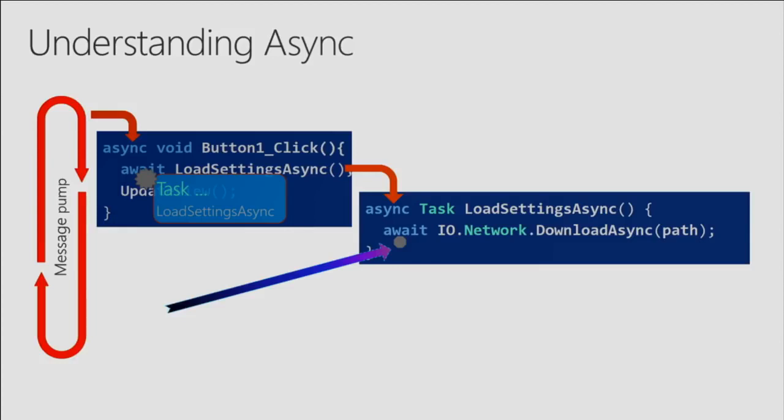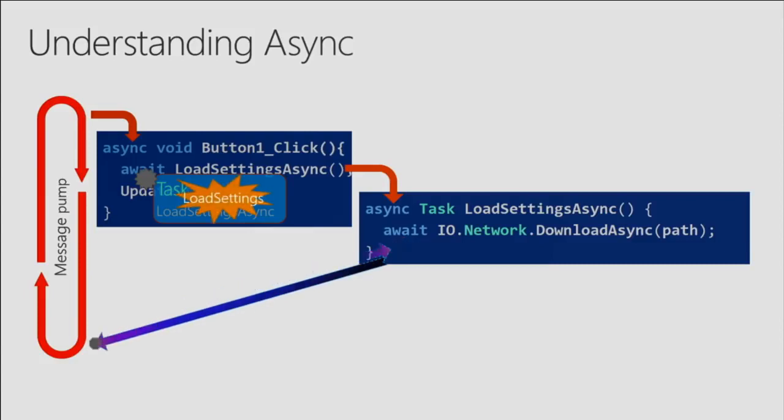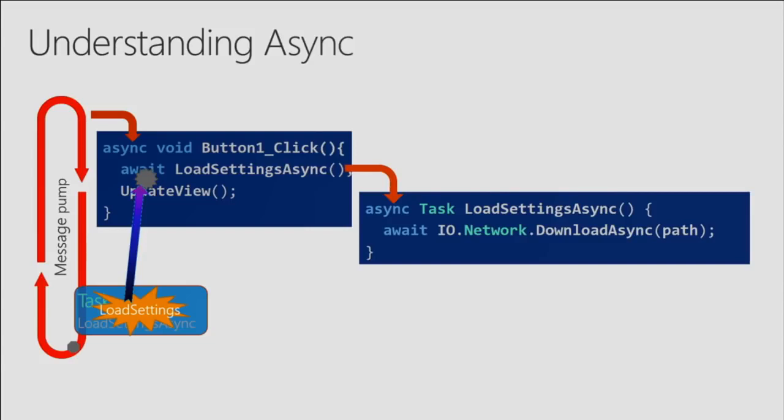But eventually, all the code in load settings async will finish running. When that happens, the task that we return to button one click will change state from the I'm not done state to the hey, I'm done. And therefore, focus will go back to button one click, and we will execute the rest of the code in button one click. In this case, we'll call update view.